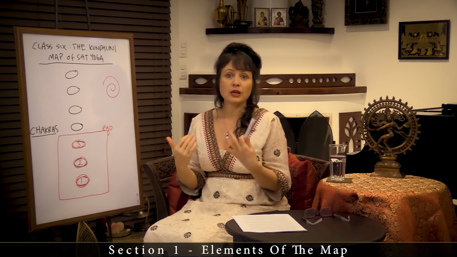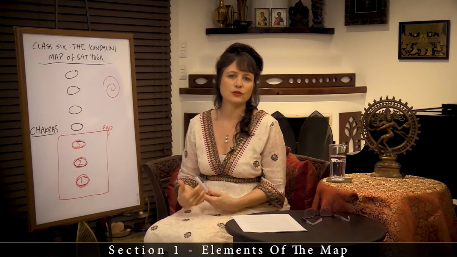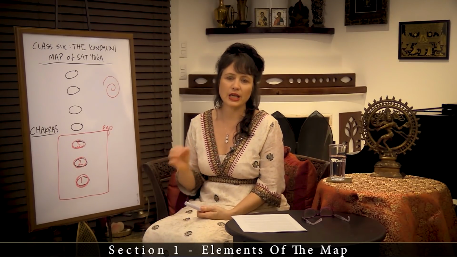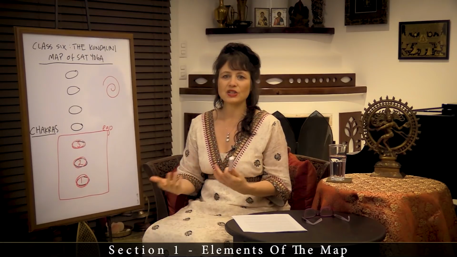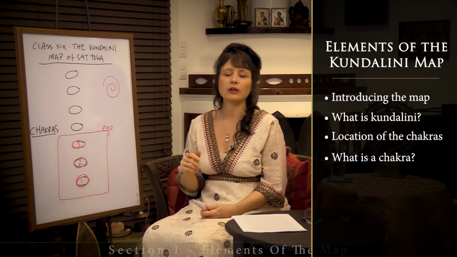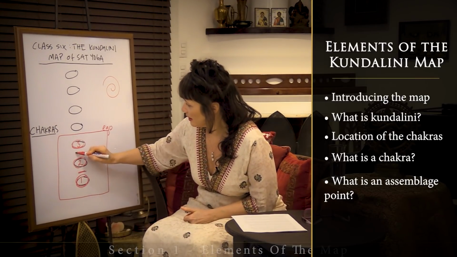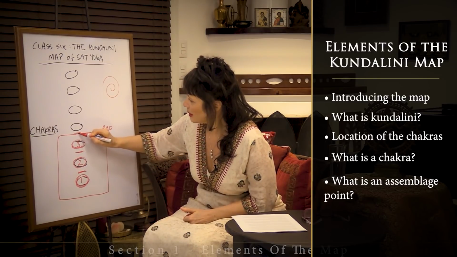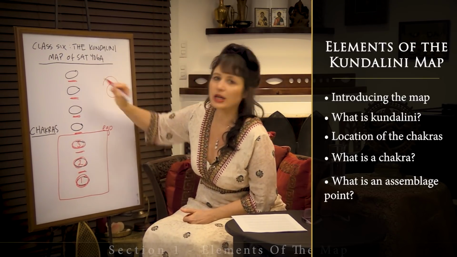And the ego usually gradually establishes a base of operations near enough to a chakra to be able to taste its energy without being completely sucked in. Such a base, located between any 2 chakras, we call an assemblage point. And they are drawn on our map by these lines in between the chakras.